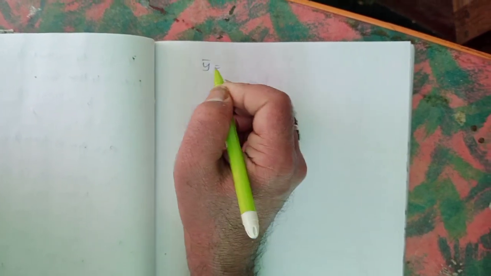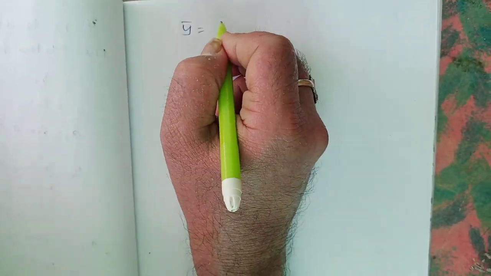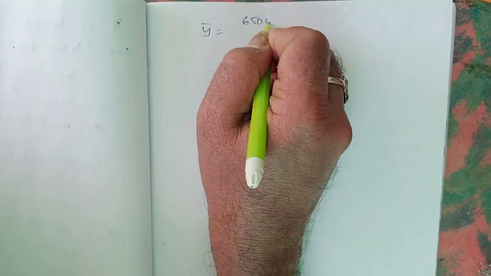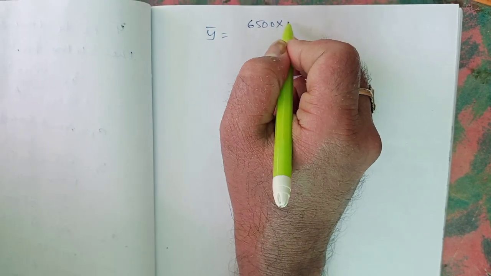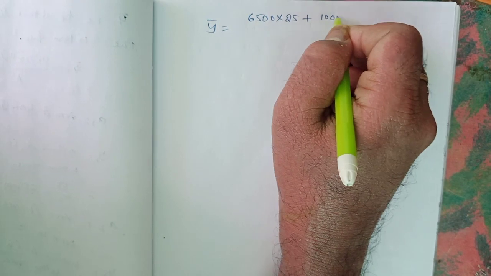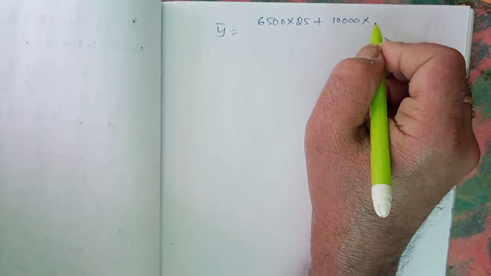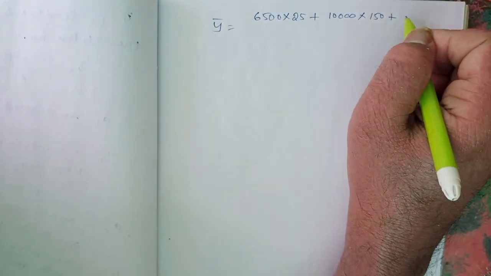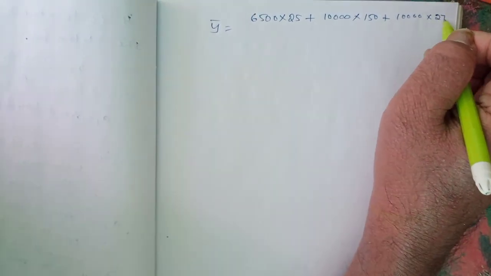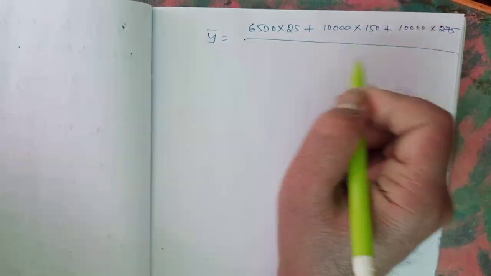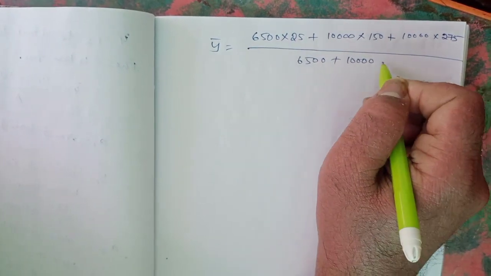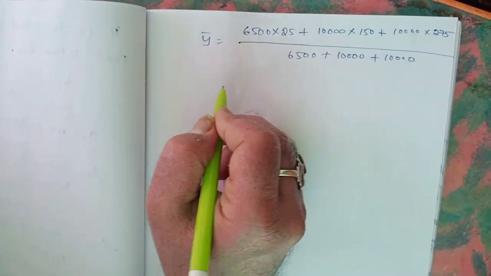So y bar is equal to, so top plane, bottom flange width A1, that is 6500 into height y 25, plus 10,000 into 150, plus again 10,000 into 275, divided by 1,500 plus 10,000 plus 10,000.